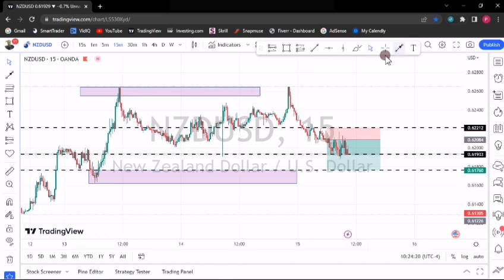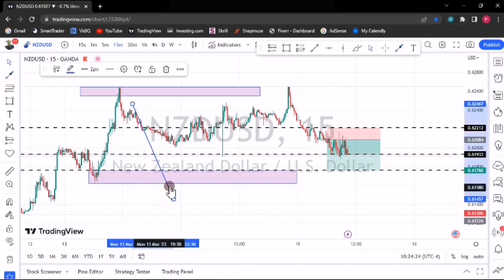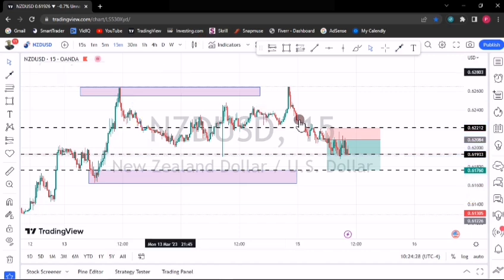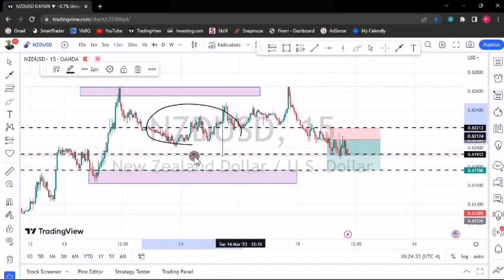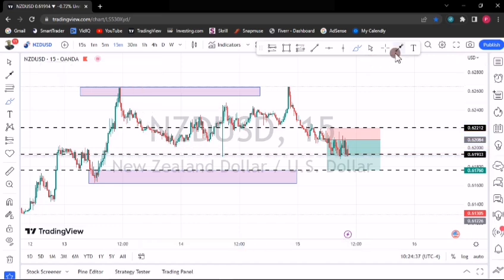So if price was to come and close below this key level, I would have taken a sell. Okay, but then price didn't, so I switched to a smaller time frame to see what was happening within the channel.